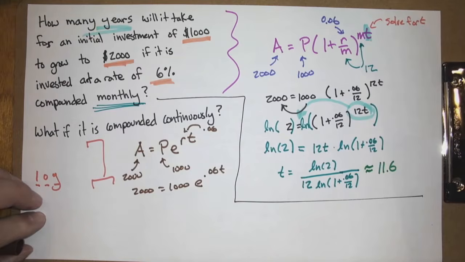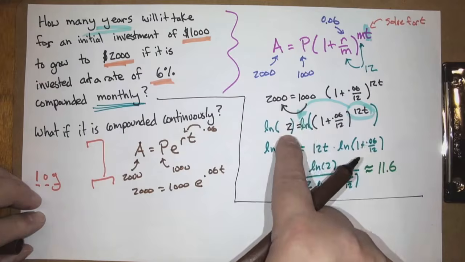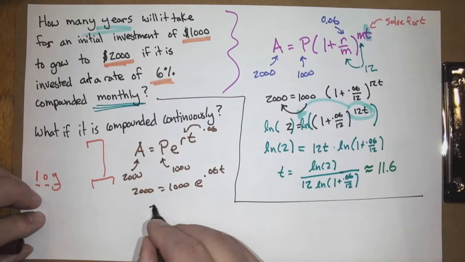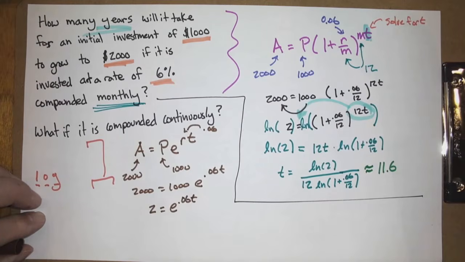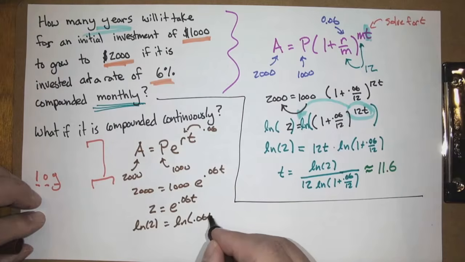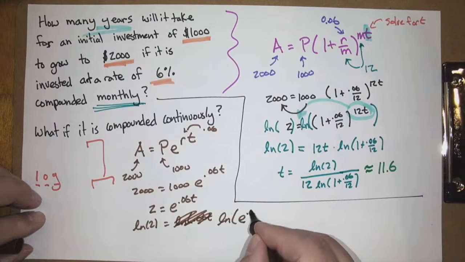All right. I'm going to do the same thing. Divide by 1,000. When does 2 equal e to the 0.06 t? Take the natural log of both sides. When does natural log of 2 equal natural log of 0.06 t? I got ahead of myself. Natural log of e to the 0.06 t.